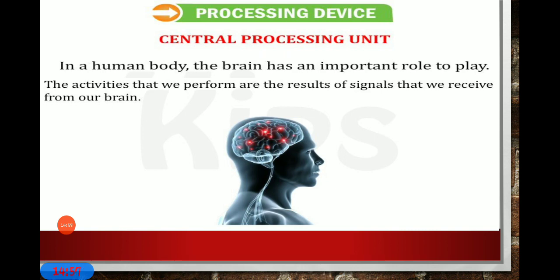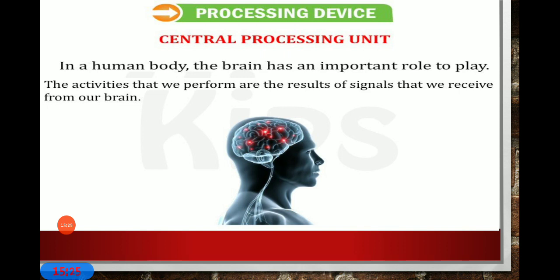In a human body, the brain has an important role to play. The activities that we perform are the result of signals that we receive from our brain. The brain is the most important part of our body. Why? Because the brain gives signals to all other parts and we perform activity.